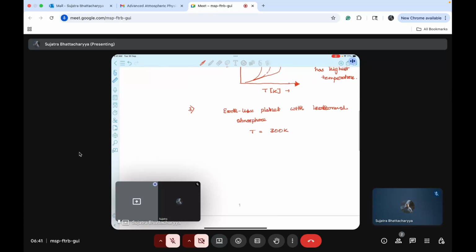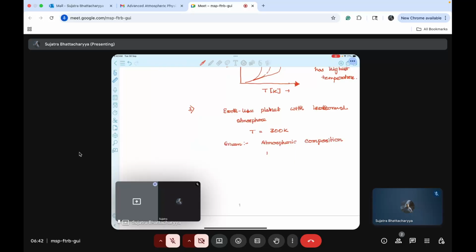Now, given is the atmospheric composition. It does not consist of only one atomic species or one molecular species. So here, the percentage composition of the atmosphere is given.